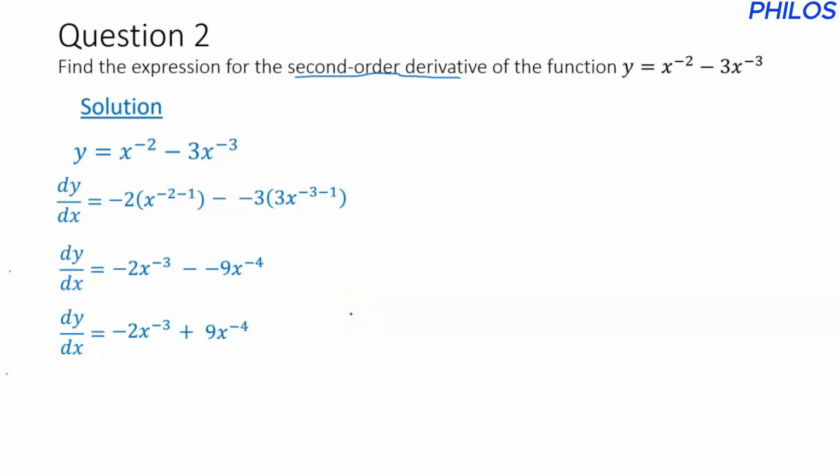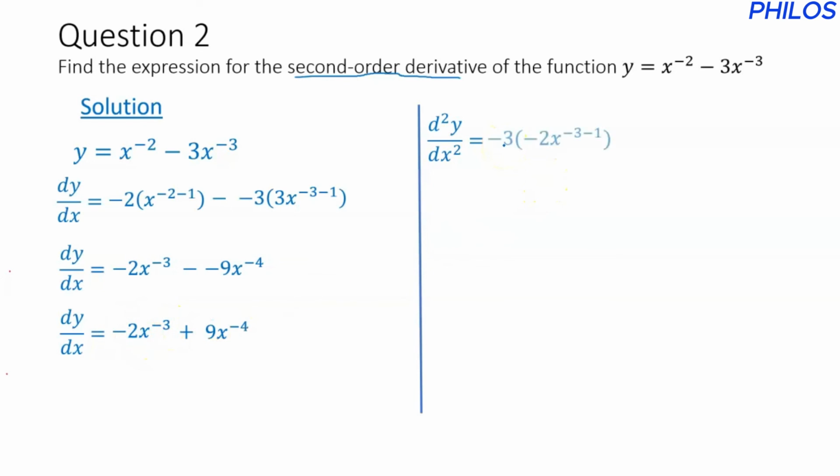But the question wants us to find the second order. Okay, so to find the second order, we write it as d square y divided by dx squared. Okay, that's the second order. Now to do that, we are also going to differentiate the first order with respect to x again, okay, to get a second. So to do that, we take the exponent of this negative 3, which is this negative 3, and multiply it by the whole thing.